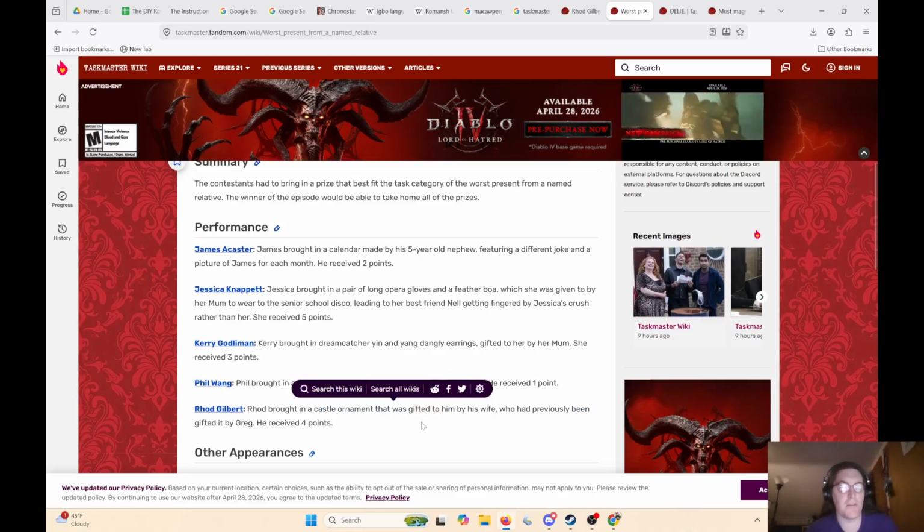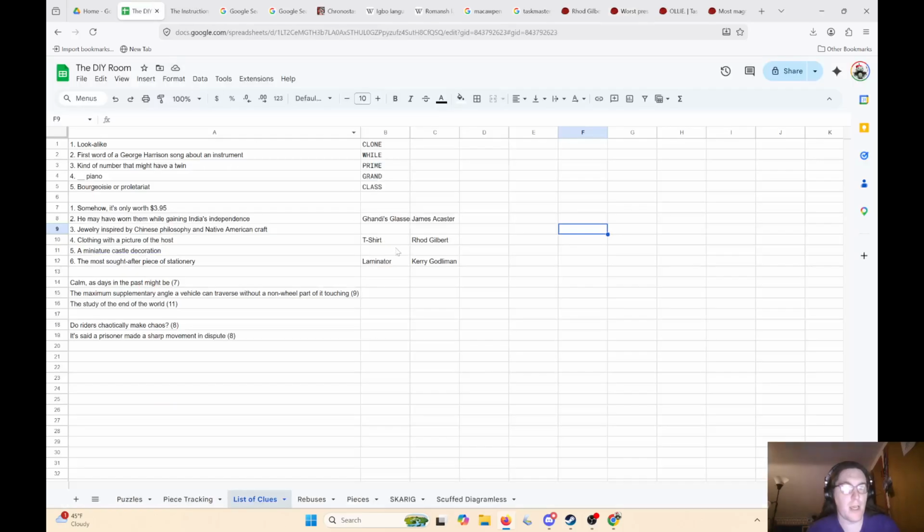Castle ornament that was gifted to his wife, who had been previously gifted it by Greg. Okay, so this is the Rod Gilbert castle.